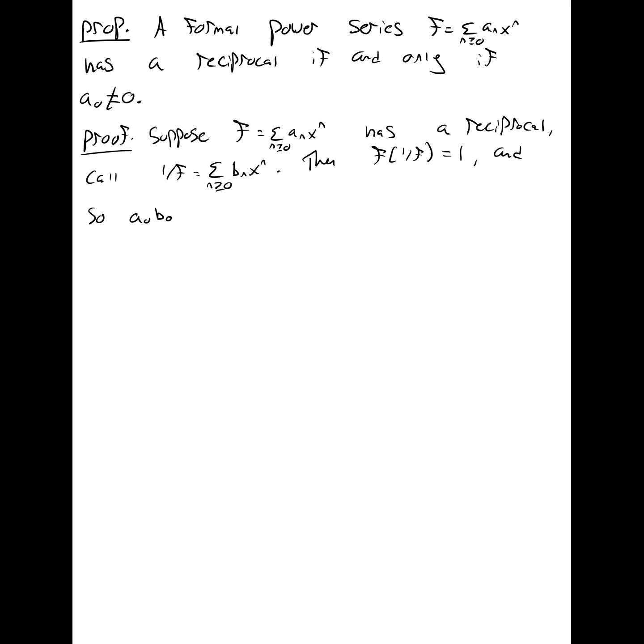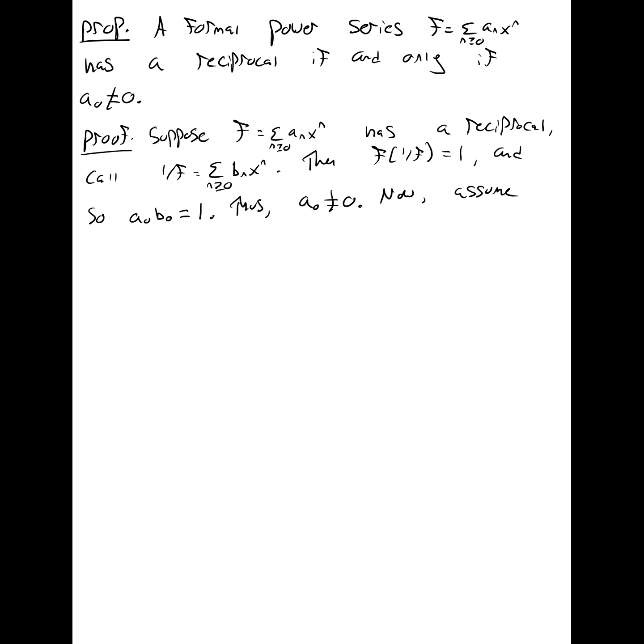And this is going to have to be equal to 1, because the constant term on the right-hand side over here, well, it's a 1, right? And so this product has to be 1. And this immediately implies, and I should say we're working in a space where we don't have zero divisors, so thus a_0 is not equal to 0. Now, so that's the one direction.